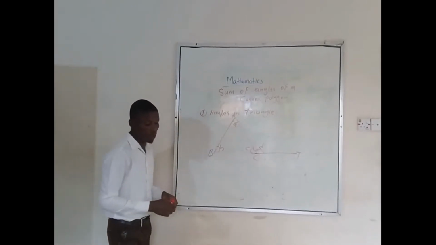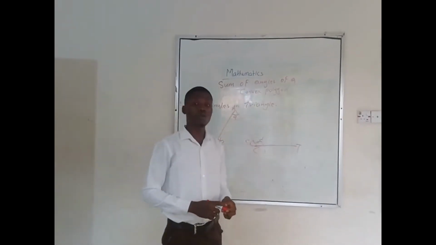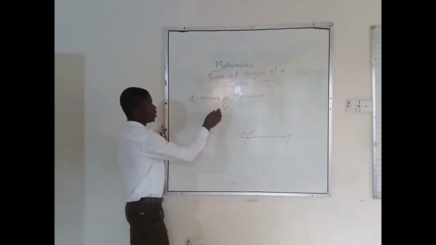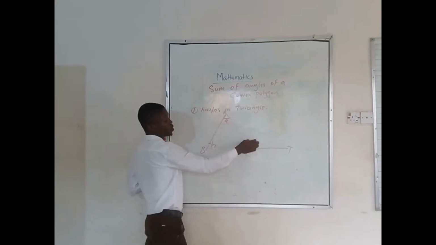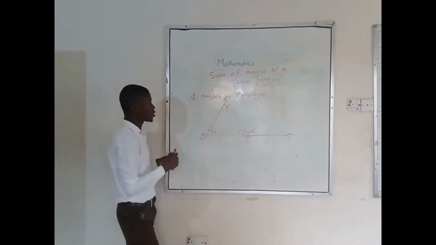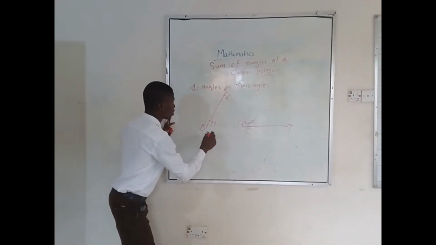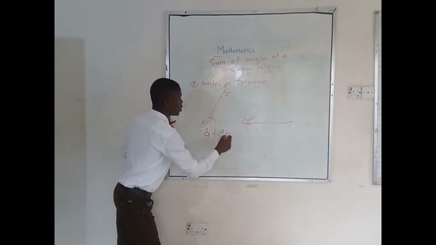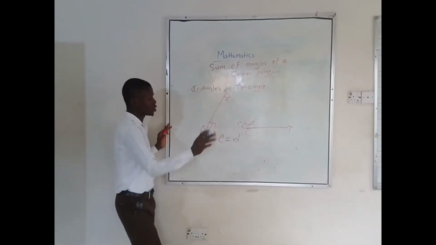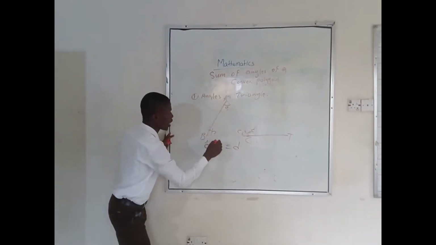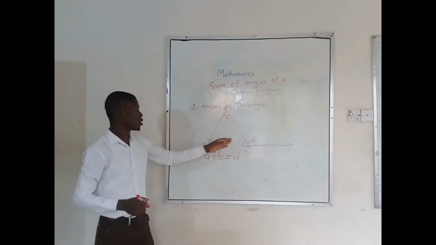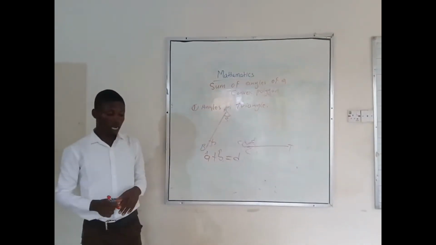The sum of this plus this equals this. Angle A plus angle B equals angle D. The sum of these two angles equals one exterior angle.